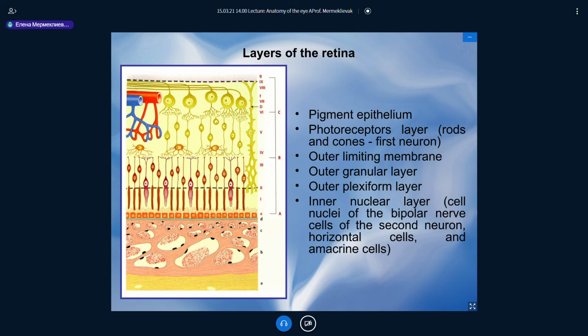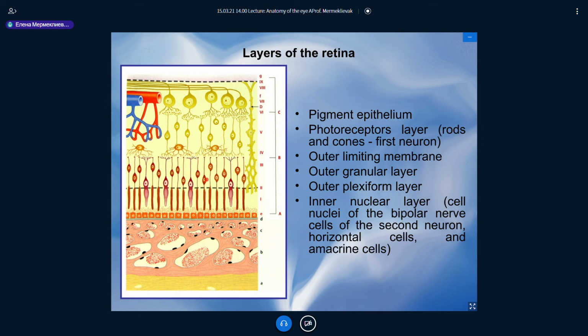The photoreceptor layer is in junction with the choriocapillaris and Bruch membrane of the choroid. And when something happens, the retina is detached in this part between the retinal pigment epithelium and the photoreceptors.